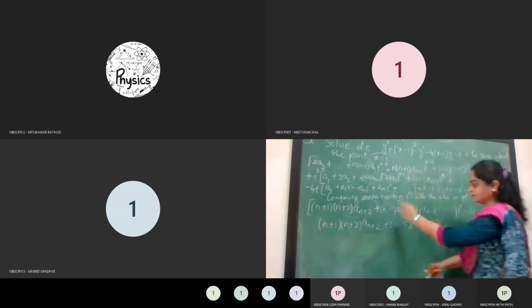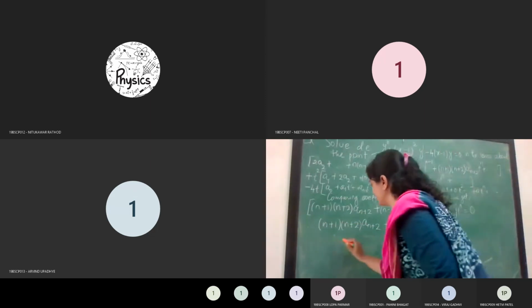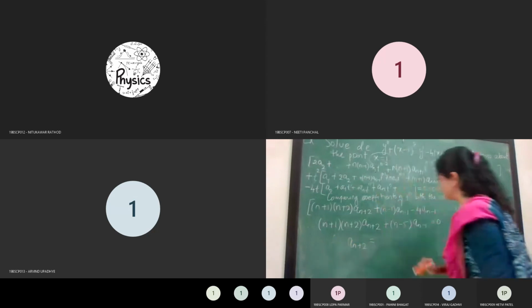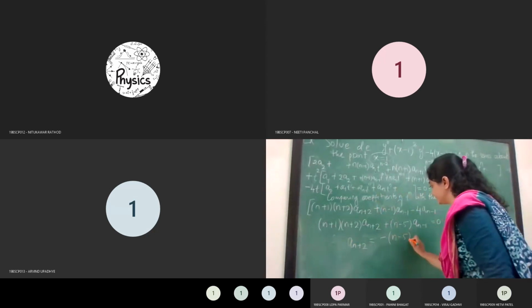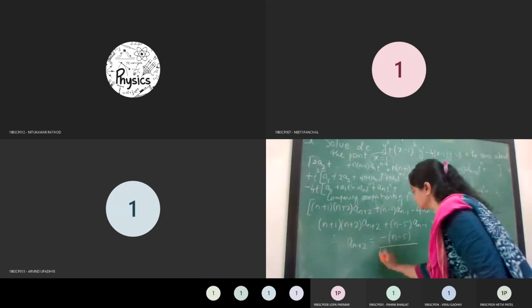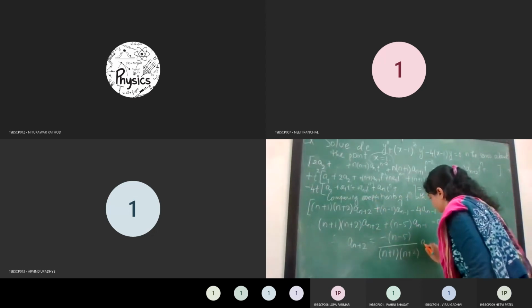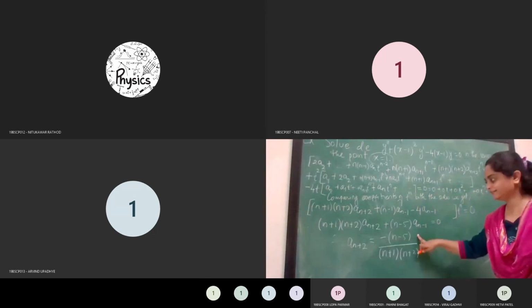That's why this coefficient will become 0, and hence I can write a_{n+2} is equal to, first of all, minus of n minus 5 upon n plus 1, n plus 2, a_{n-1}. Can I write this one?